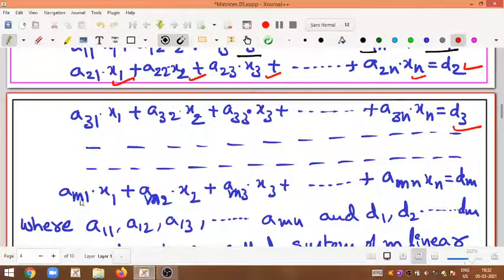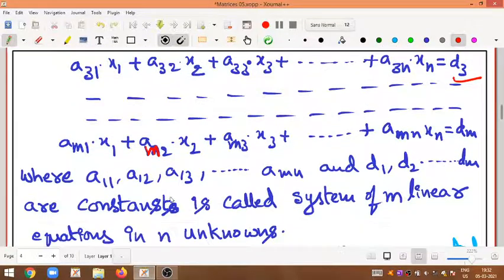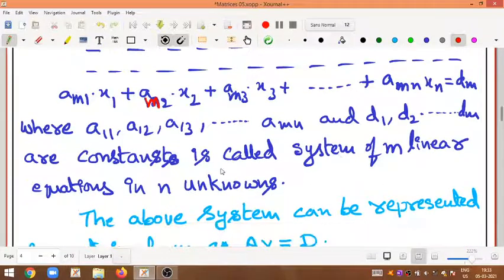Last row, am1 into x1 plus am2 into x2 plus am3 into x3 plus so on, plus amn into xn, which is equal to dm, where a11, a12, a13, and so on, amn and d1, d2, d3, and so on, dm are constants.